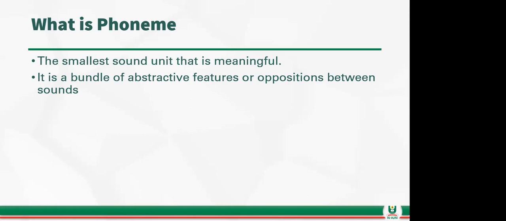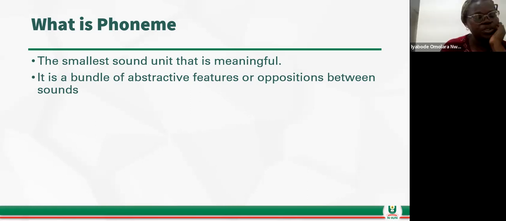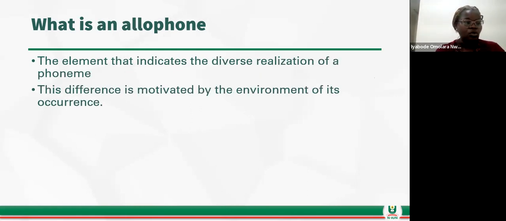Okay, so we are going to be looking at the phonemes and why it is called the smallest sound unit that is meaningful, and that it is a bundle of abstract features or positions between sounds. As we look at it, we are going to be seeing that.